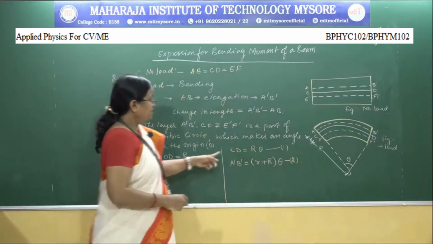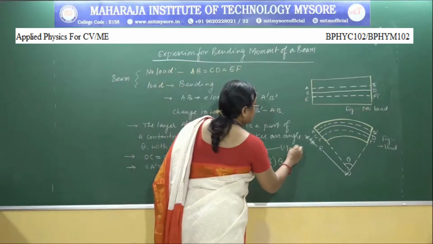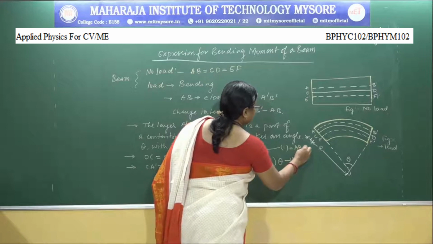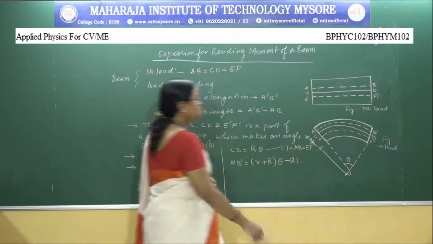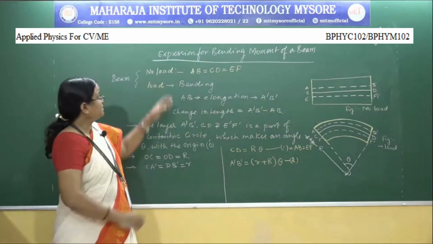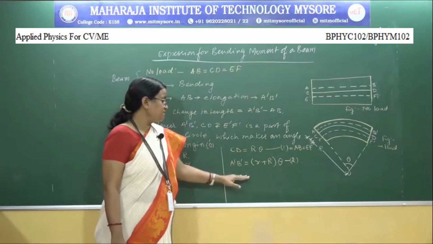Now this length CD is equal to the original length of the upper layer AB, and it is equal to EF. We have written AB equals CD equals EF.